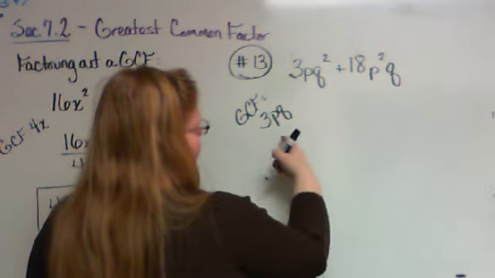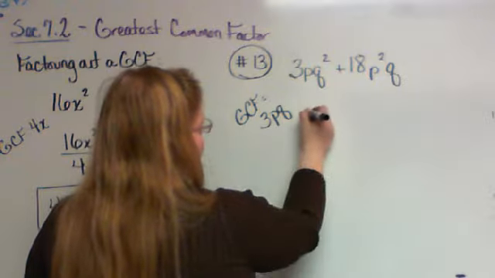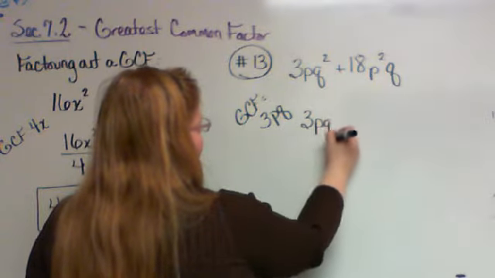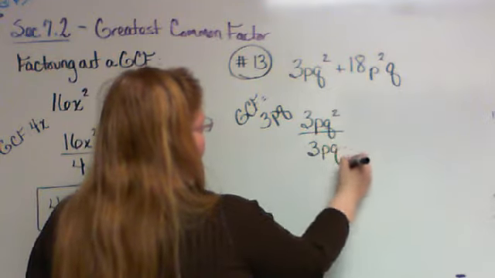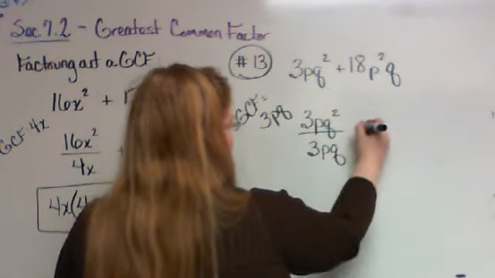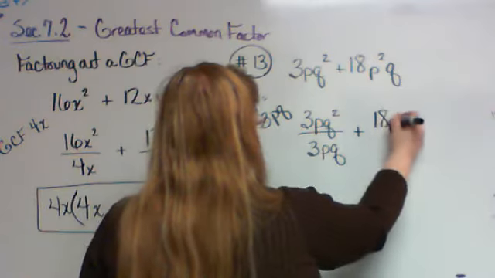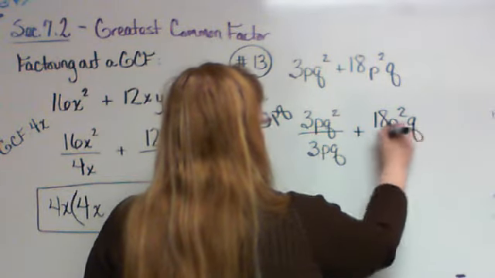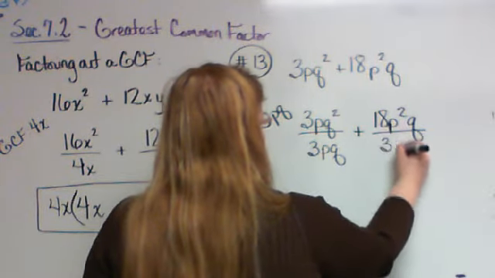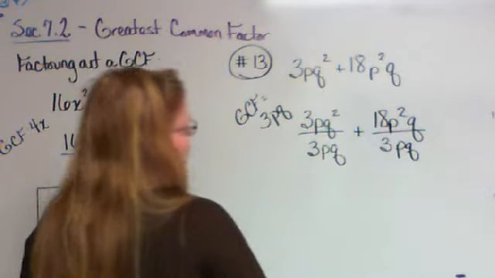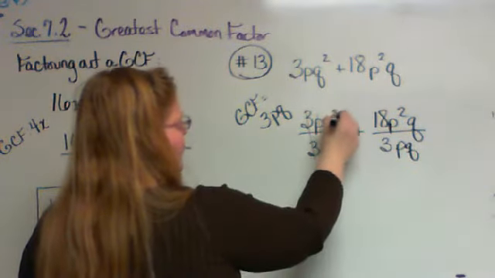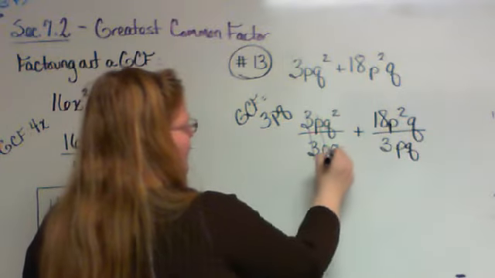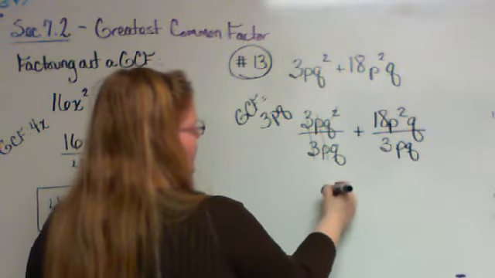So now that we have this, I can set up my problem. Make sure you always put the GCF on the bottom. Here my 3's cancel out, my p's cancel out, and 2 q's cancel out with 1 q, leaving me with just a q on top.